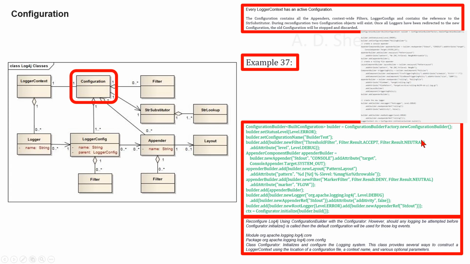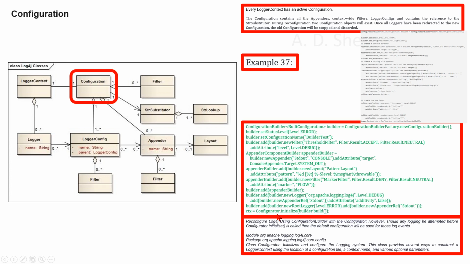Once the configuration object has been constructed, it can be passed to one of the Configurator.initialize methods to set up the Log4j configuration. Using Configurator in this manner allows the application control over when Log4j is initialized.